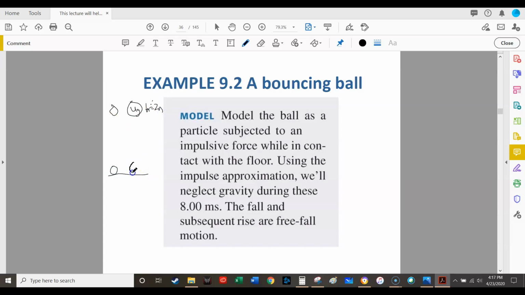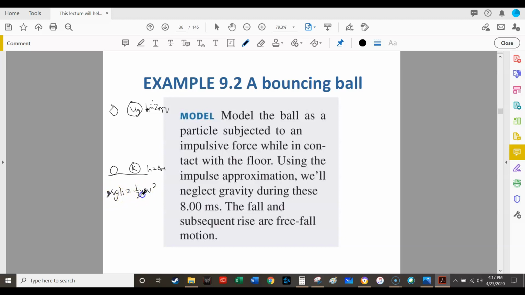And right as it's kissing the ground, all that potential energy due to gravity that we learned from the last chapter is going to turn to kinetic at a height of 0 meters, right? So mgh is going to be equal to 1/2 mv squared, right? And that's actually going to be the velocity right before the impact, right?